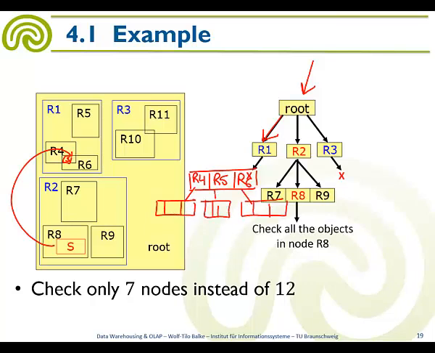At that point, when you reach this point of the tree, you can prune R5, but you can't prune R4 and R6, because you do not know where the search query is. Is it in R4 or R6? So what you need to do, you have to traverse R4, and you have to traverse R6. You do not know where it is. So with overlapping, this makes things even worse.